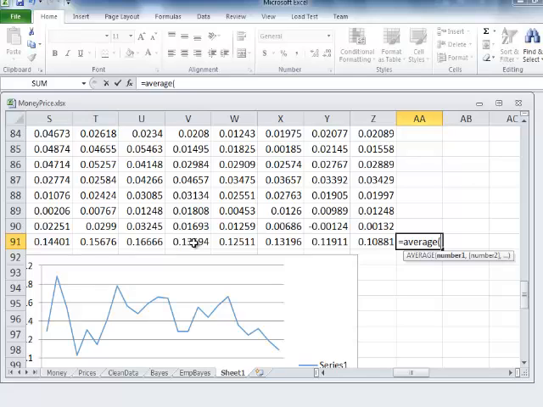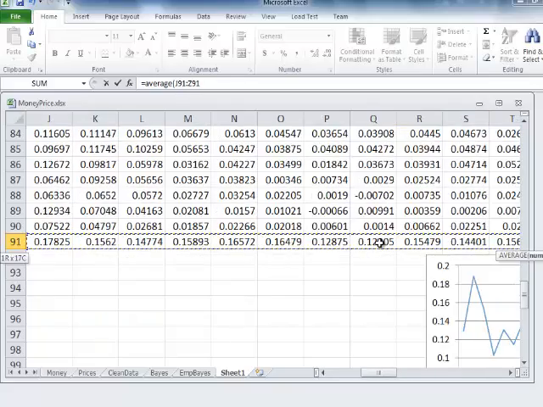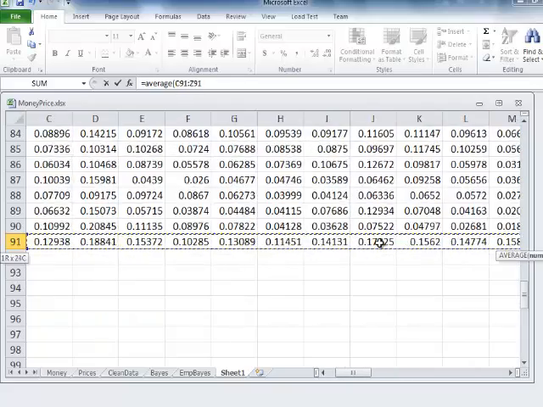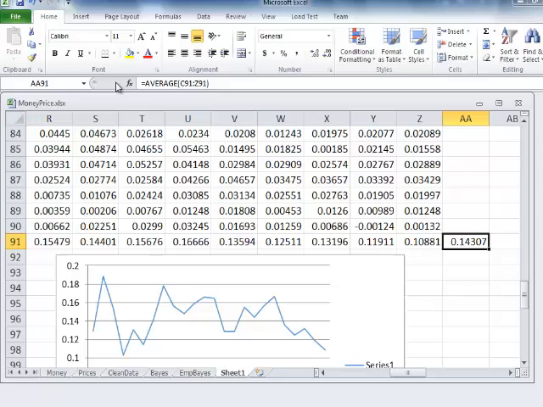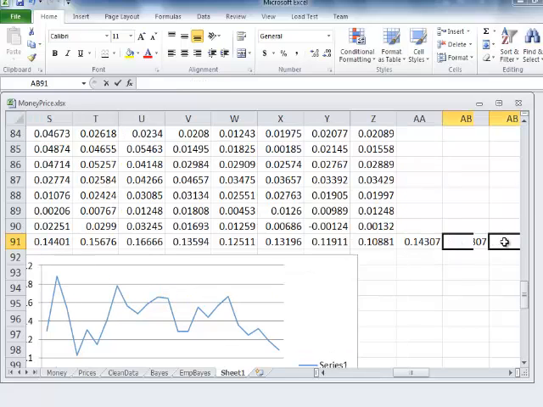But these are all averages. So 14.3% is the mean of this data set. And let's look at the SDEV.